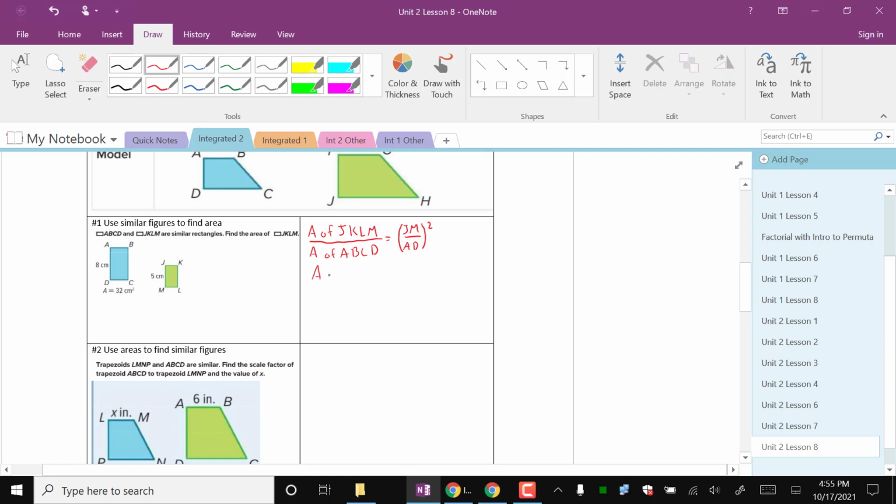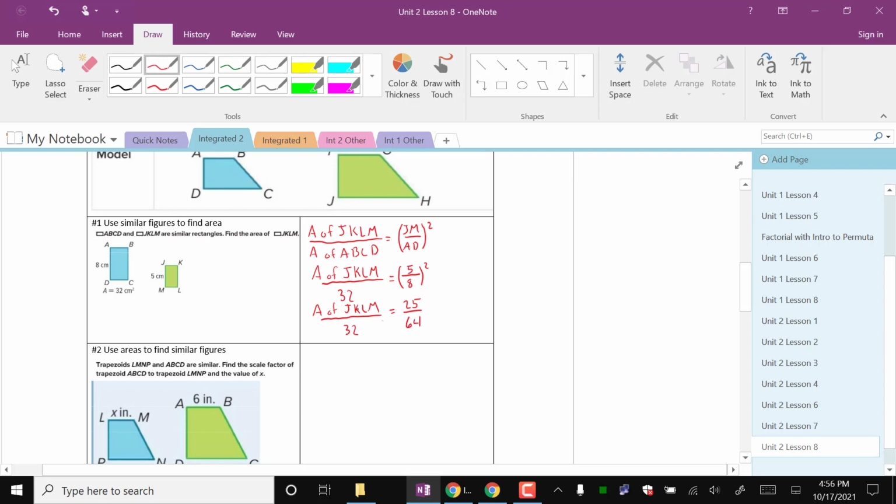So the area of JKLM divided by the area of ABCD, which is 32, it's given in the figure, equals the length JM, which is 5, and the length AD, which is 8. And we're going to square both of those. So the area of JKLM divided by 32 equals 5 times 5 is 25, over 8 times 8 is 64.